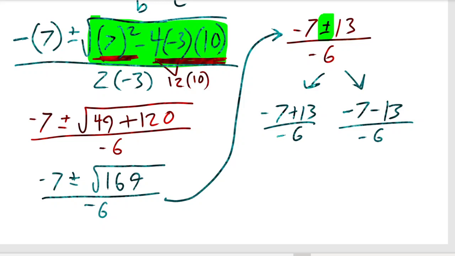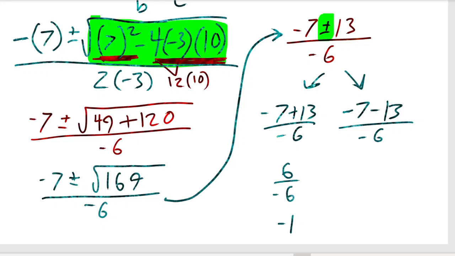Alright, -7 plus 13, one's positive, one's negative, so we got to subtract those and make the answer positive since our positive number is larger. I do believe that gives us 6 divided by -6. We can go ahead and do that division really quick. Anything divided by itself is 1, and a positive divided by a negative is a negative. So there's one of our answers.